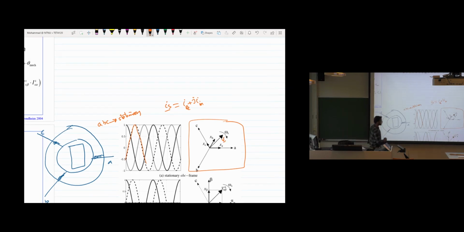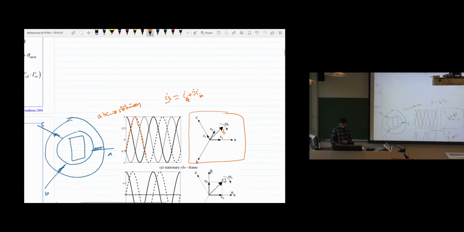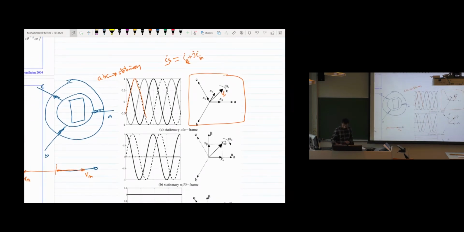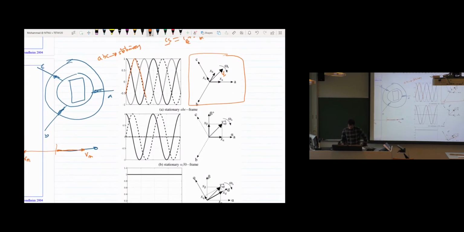And this vector is rotating at the fundamental frequency of the system. So it's possible to present this three-phase system as a two-phase system. Now this is the two-phase system, which gives us the same vector as the resultant vector.